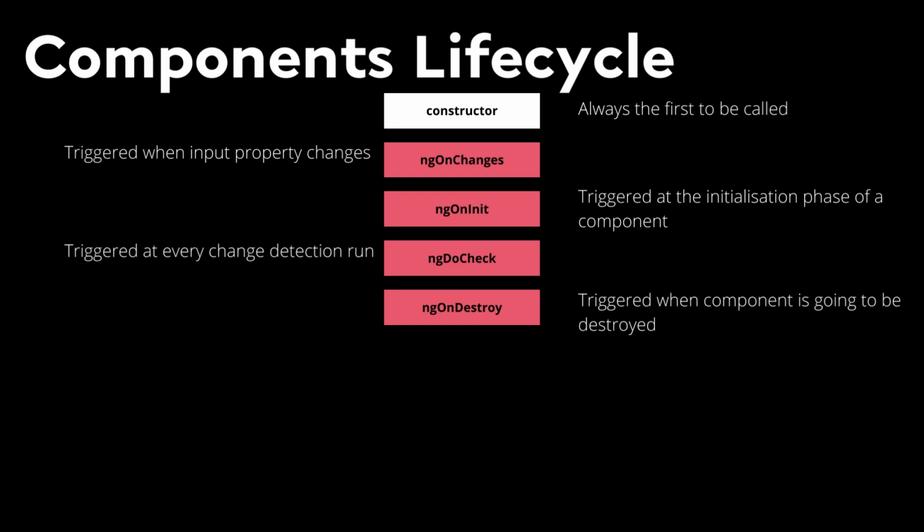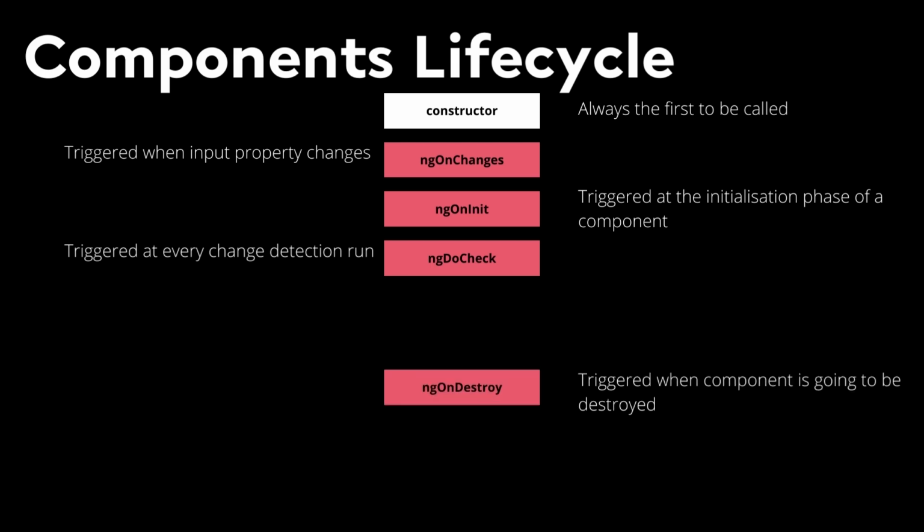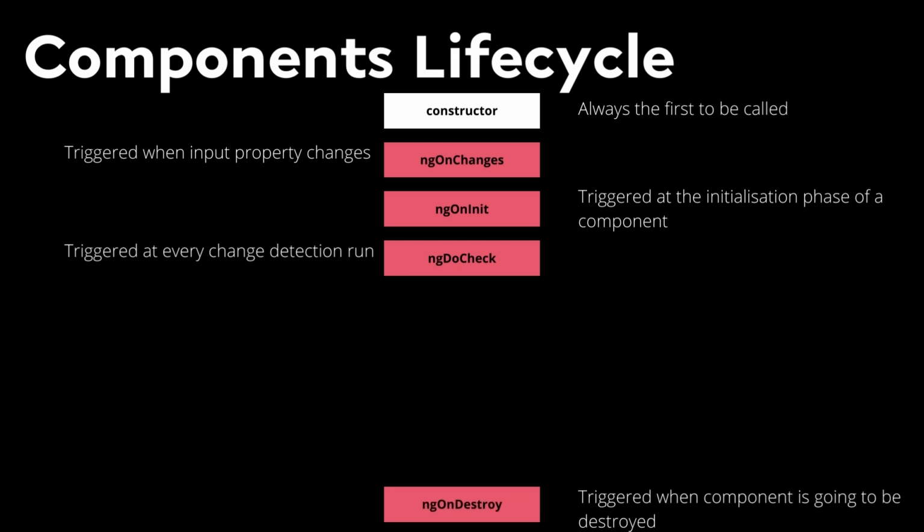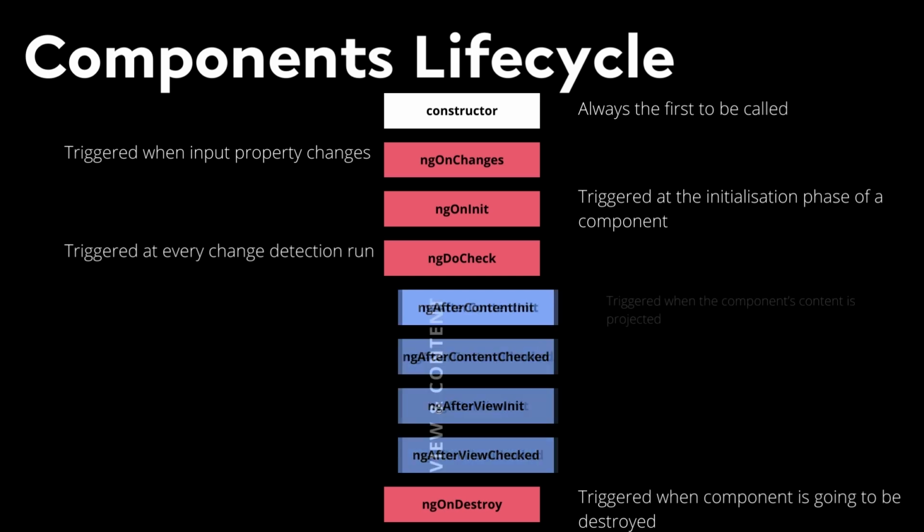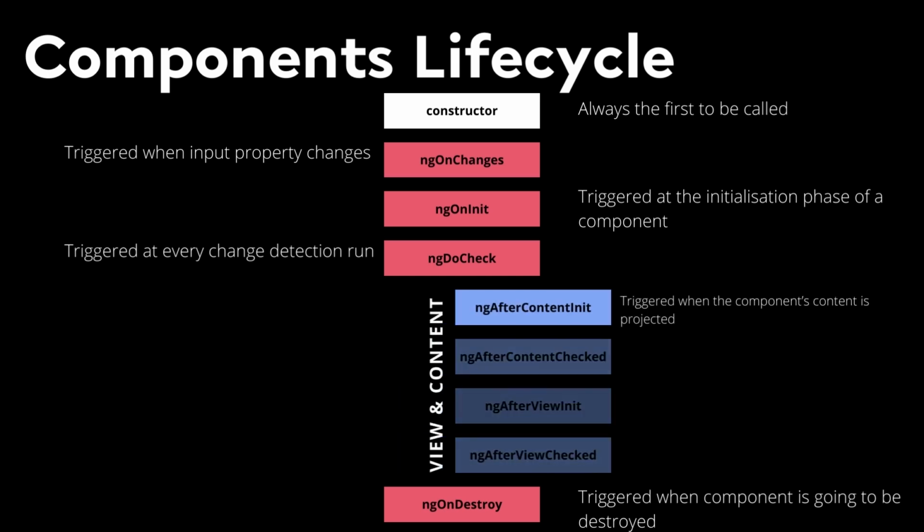There are other hooks that happen before the component destruction phase that are specialized in the view and content of the component. So, whenever you want to control this aspect in your component, you will be using these following hooks. The ngAfterContentInit hook is triggered when the component's content is projected.